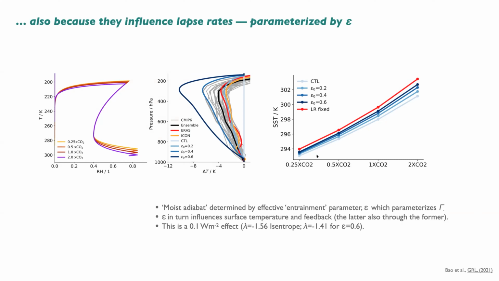And on the right, we just vary CO2. And then for the different lapse rates, from a fixed lapse rate where you get a big sensitivity to a pure moist adiabat where you get a small one, you span the range of the CMIP models, showing how you can calculate the effect of the lapse rate biases in clear sky sensitivity.